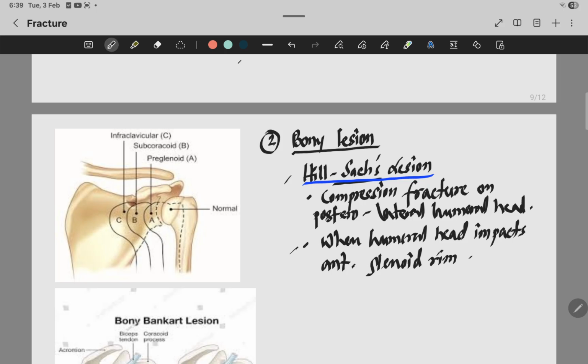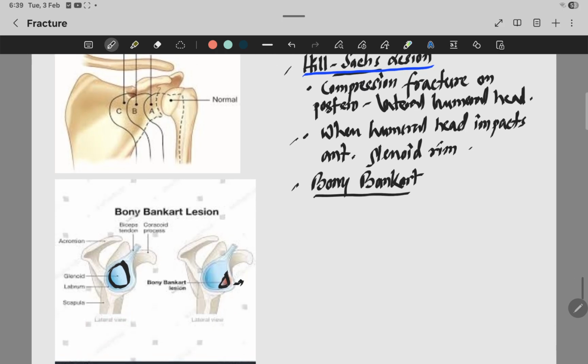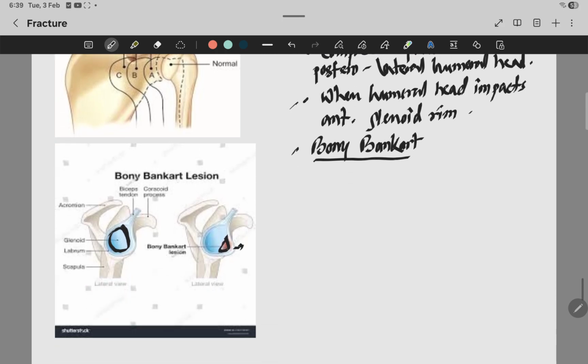Number 2, after the Hill-Sachs lesion, is the bony Bankart. This was the labral Bankart, when there is detachment of the glenoid labrum from the anterior rim, and another one is the bony Bankart.